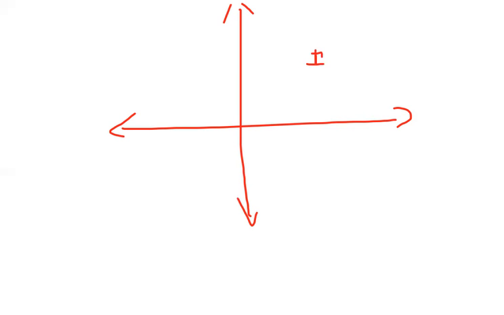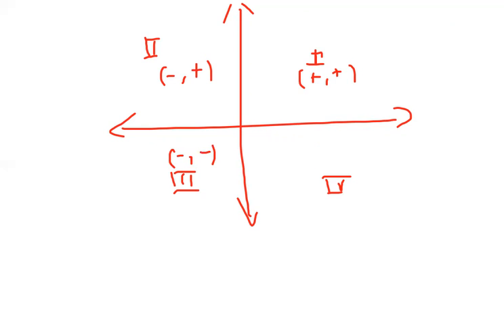So that's the first, this is the second, this is the third quadrant, and this is the fourth quadrant right here. If you were to graph a coordinate point in the first quadrant, both X and Y would be positive. In the second quadrant, X is negative, Y is positive. In the third quadrant, both X and Y are negative. And in the fourth quadrant, X is positive, Y is negative.